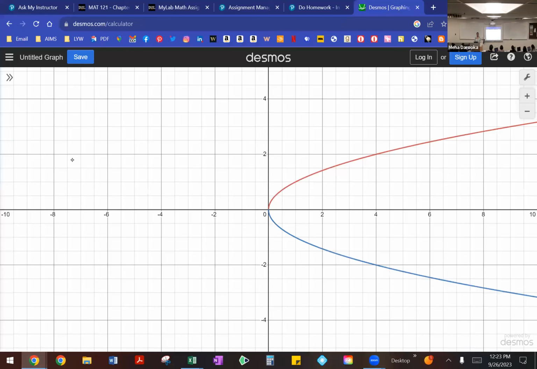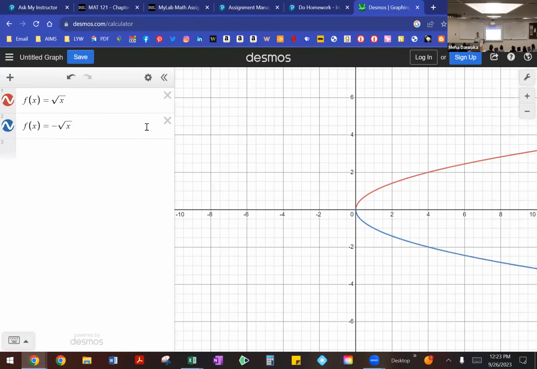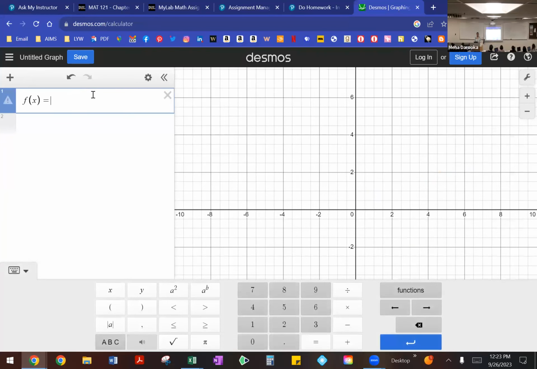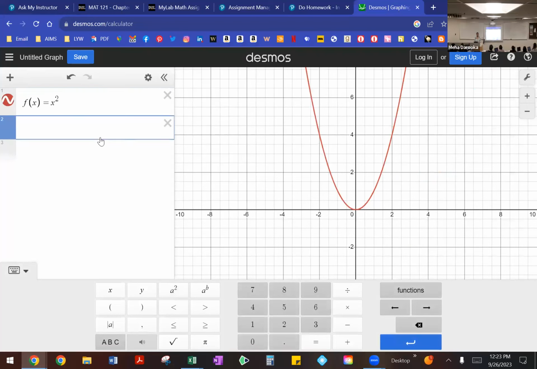So we have our first equation, which is just the parent function x squared. Then we are talking about reflecting it first. You can see that's the reflection, and then we move it 1 unit up. So look what that graph is.